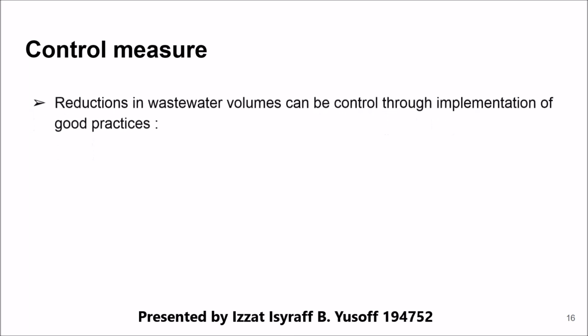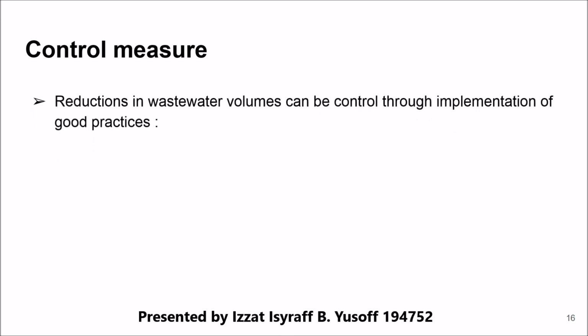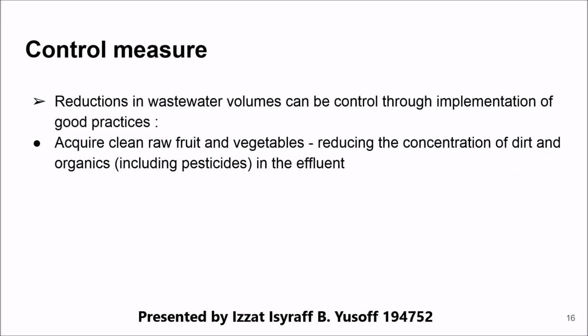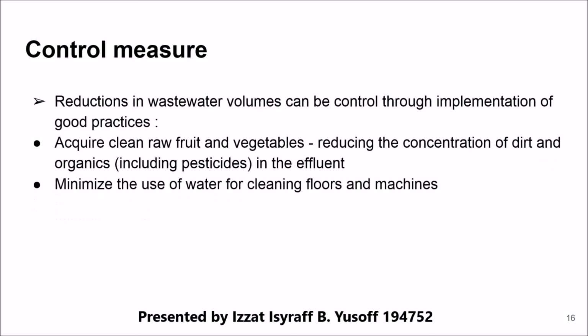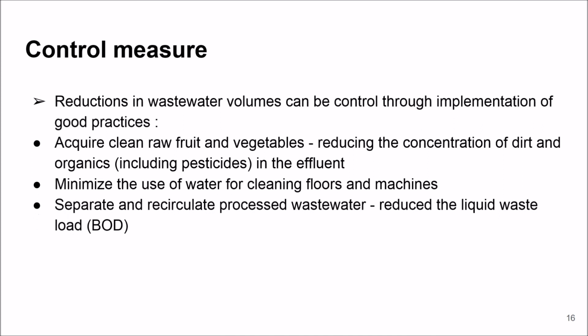Several control measures can be applied to reduce the wastewater of fruits and vegetables. First, we must acquire raw fruits or vegetables that are clean or known as organic in the market, as it can reduce the concentration of dirt and organics, including the pesticides, during the discharge of those wastes, known as effluent. Secondly, we should minimize the use of water for cleaning floors and machines.